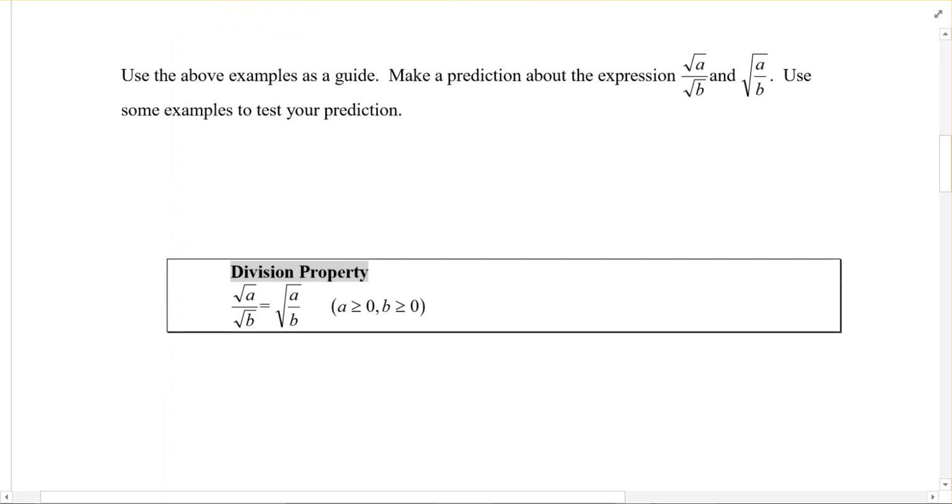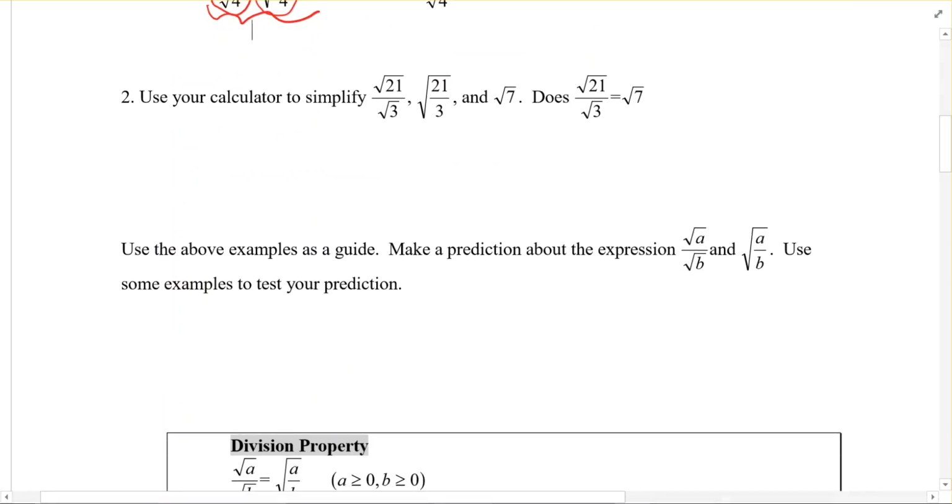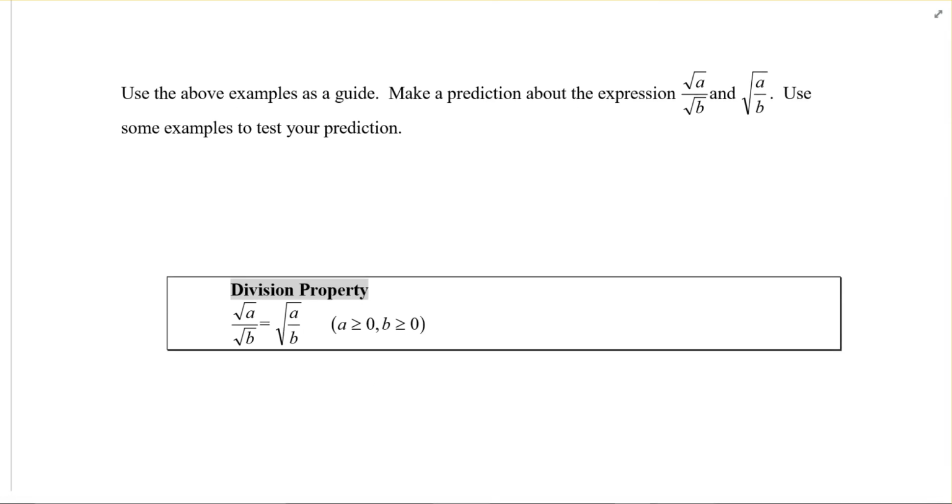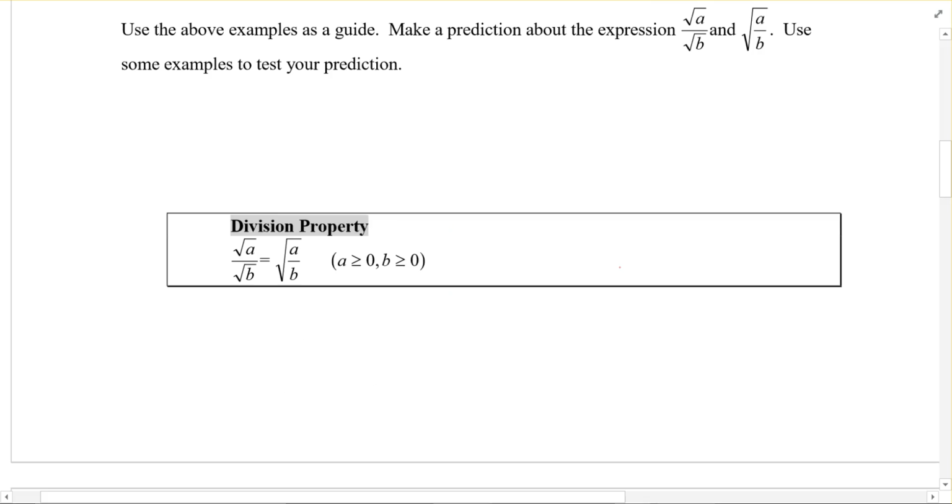So using the above as a guide, make a prediction about the expression, this and this. Well, I'm probably just going to give it away here. Here is what we have. It's the division property. Just like what we said up top, square root of something over the square root of something else is equal to the square root of both those things inside.